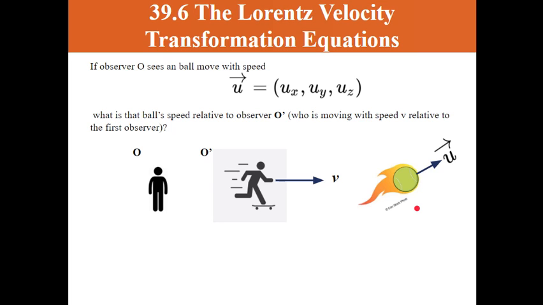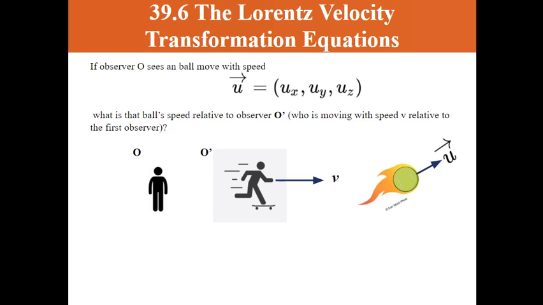Recall how being able to transform coordinates also allows us to measure speeds and velocities relative to whatever frame of reference we are in. So it was simple enough to transform velocities to any other inertial frame in classical physics. So let's go back to the example we talked about earlier.